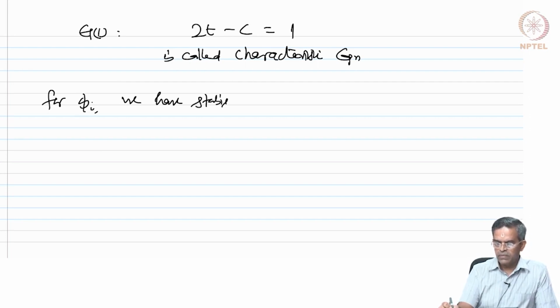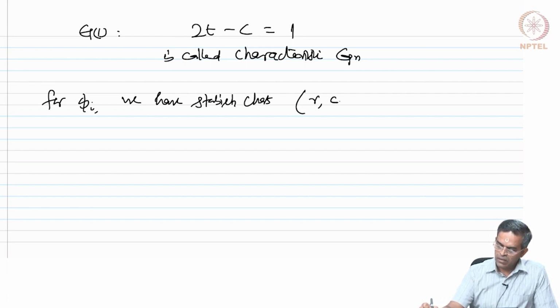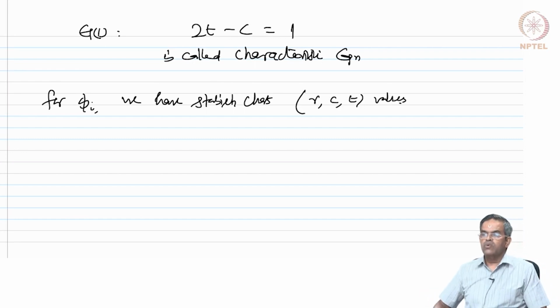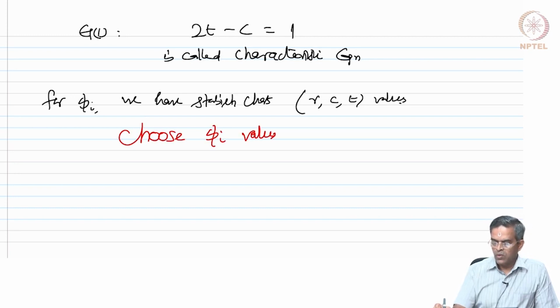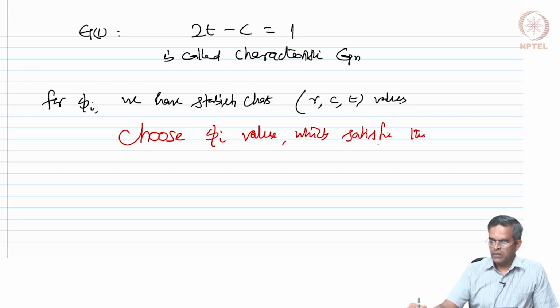Which indicates R, C and T values. So, what I should do? I should go to the table, choose the phi I value which satisfies the characteristic equation.